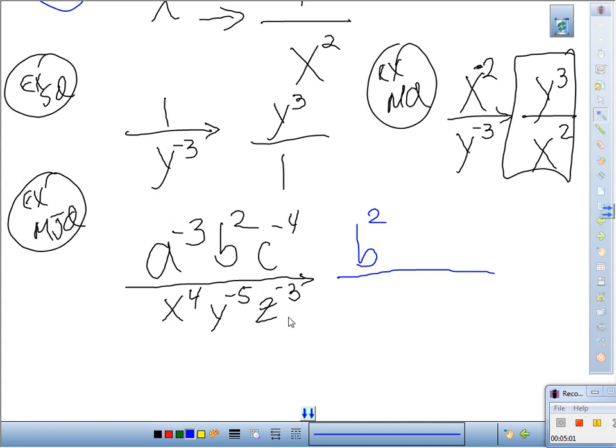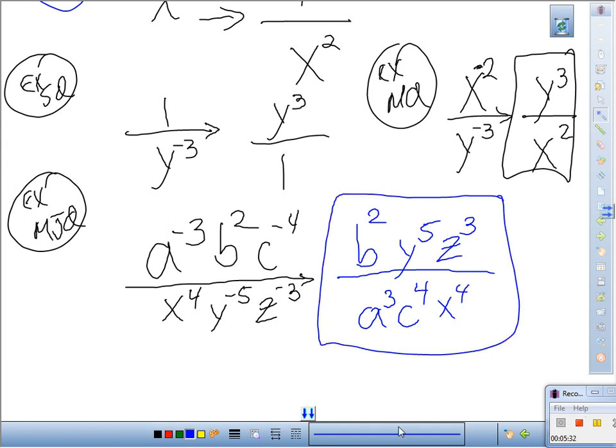Y and z. Y to the fifth, z to the third. Hands if you set that on the numerator. Okay? Now, what didn't stay in the numerator here? A and c. So that goes down here. A to the positive 3, c to the positive 4. And what didn't move at all? X to the 4. Is everybody following?